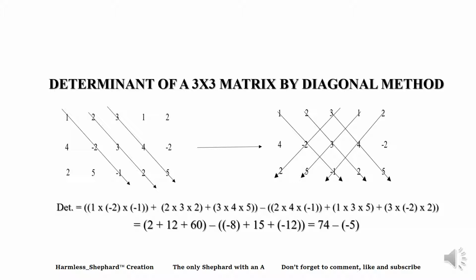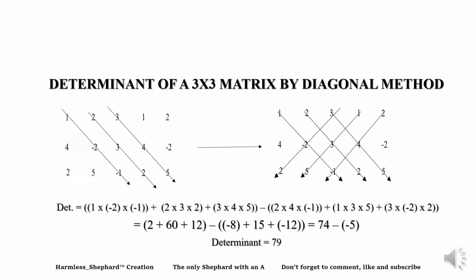We'll now have plus 5, and the answer will now be 79. The minus will change to plus. That's 74 plus 5 will give us 79. So that's the determinant for this 3 by 3 matrix using the diagonal method.